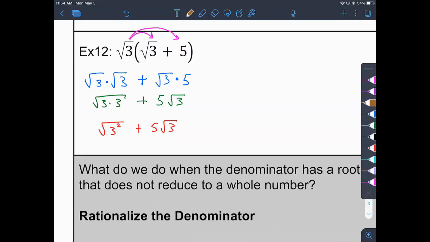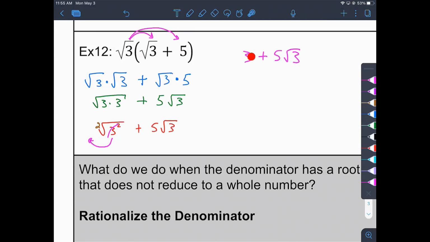Let me write the index for a moment just to help us out. We've got an index of 2 and an exponent of 2, which means they're going to undo each other, and I get the 3 coming to the outside. So really, in the end, I am with 3 plus 5 root 3.